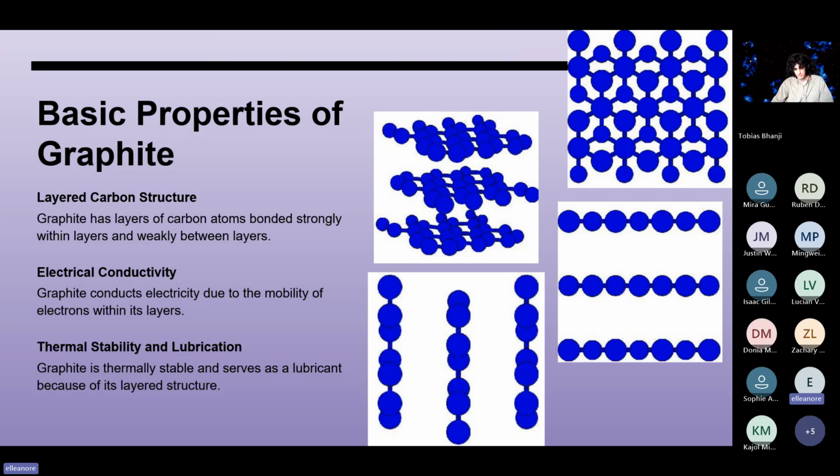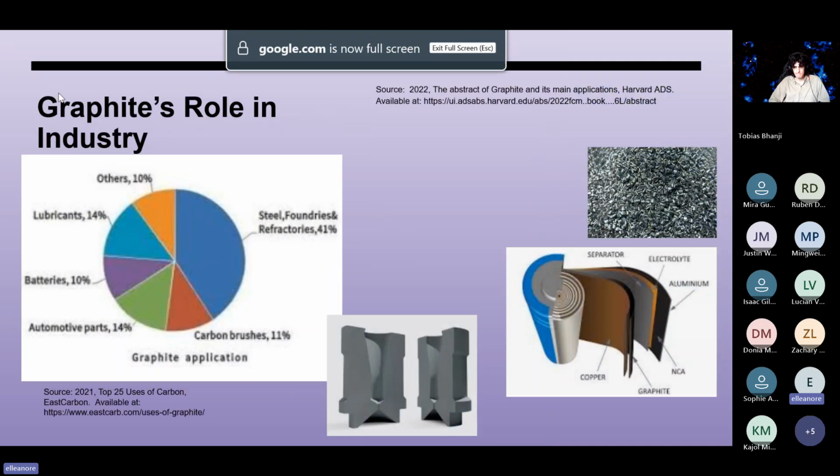So it has a layered carbon structure, so layers of carbon atoms bonded strongly within layers and with weak bonds between layers, and it has electrical conductivity, so graphite conducts electricity due to the mobility of electrons within its layers, and it has thermal stability and lubrication because it's thermally stable and due to its layered structure. And I thought those diagrams were quite nice.